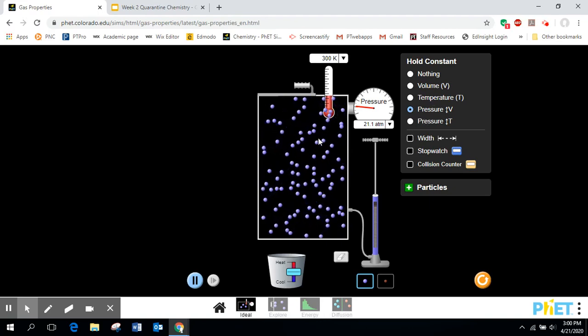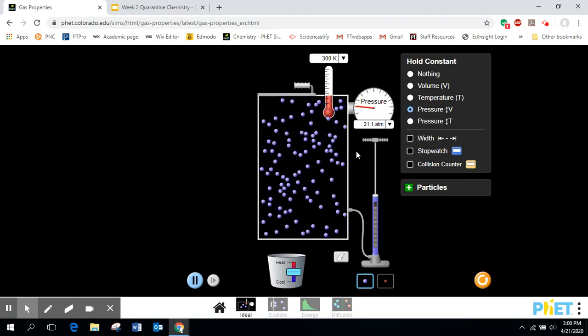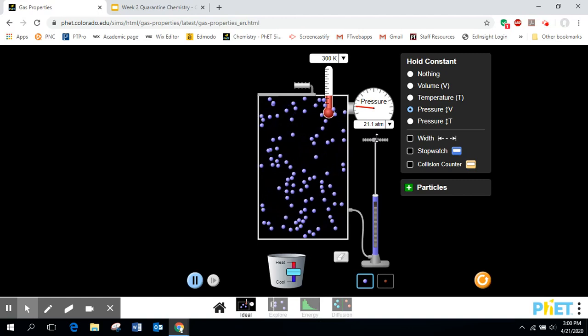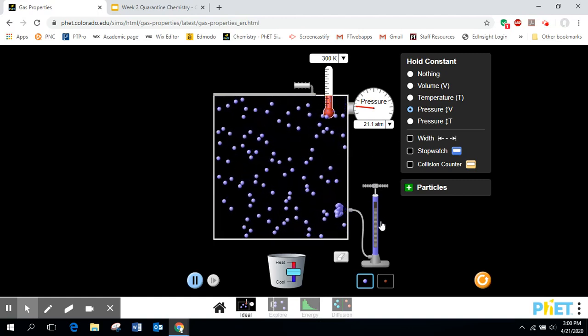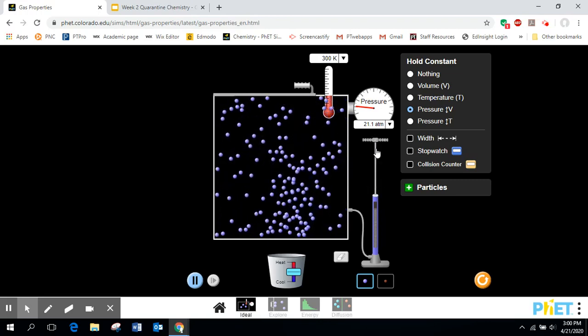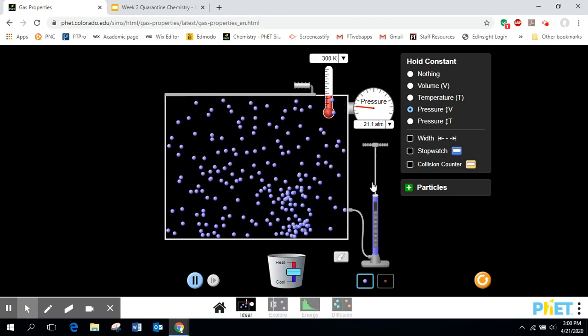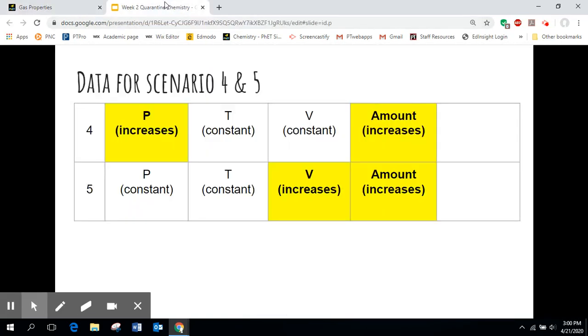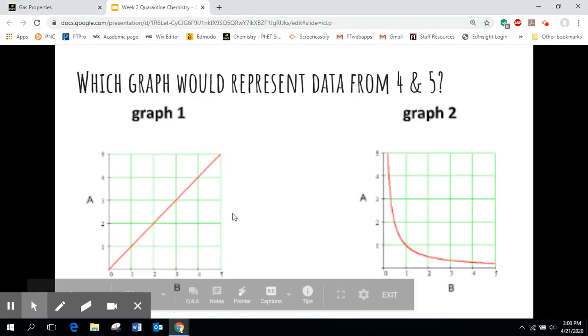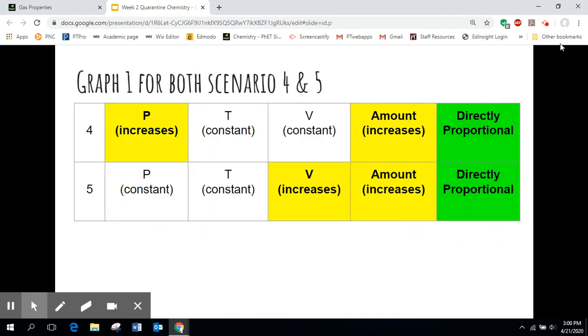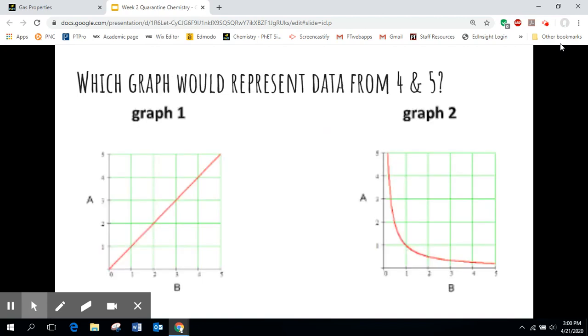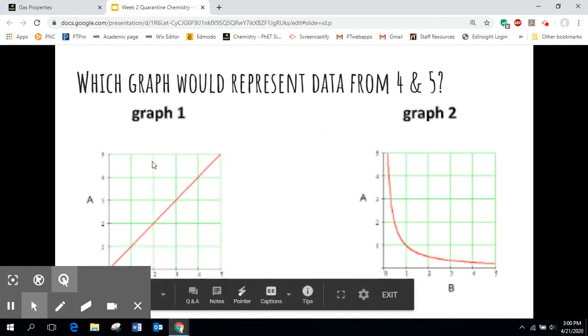Let's see how the volume changes as we add more gas in when pressure is constant. So this is amount and volume. As the amount goes up, so does the volume. So that should be a direct relationship as well. So both of those relationships we just talked about, pressure and amount, volume and amount, are both directly proportional. They should have a graph that looks like graph 1.